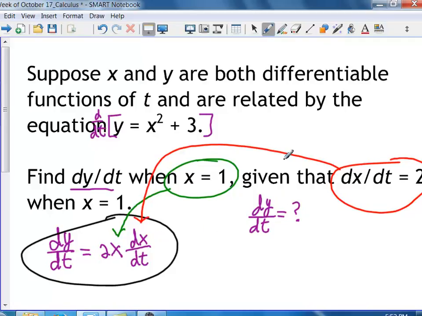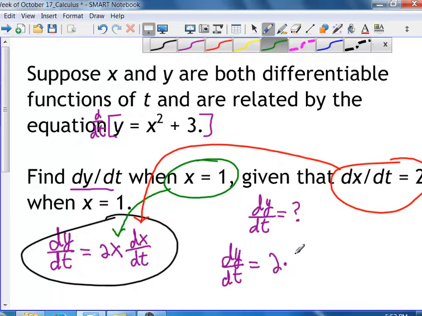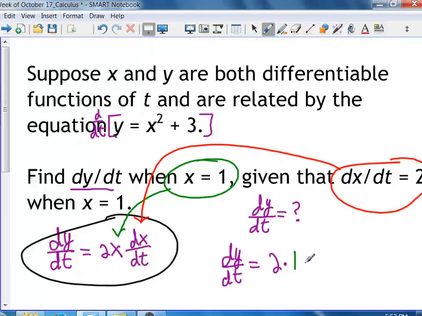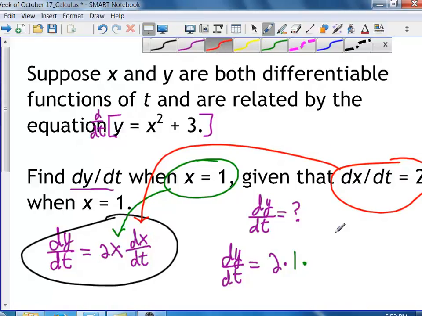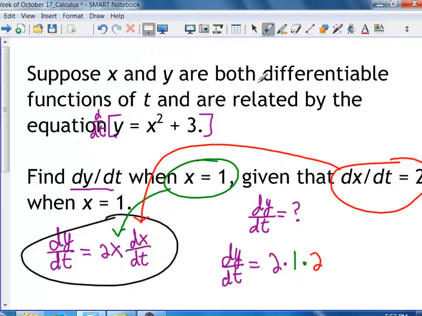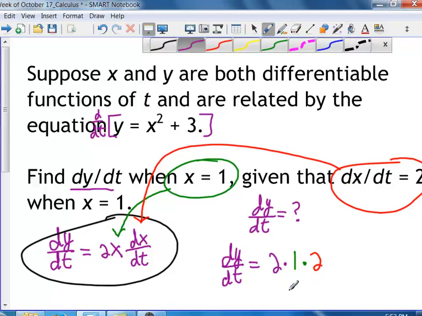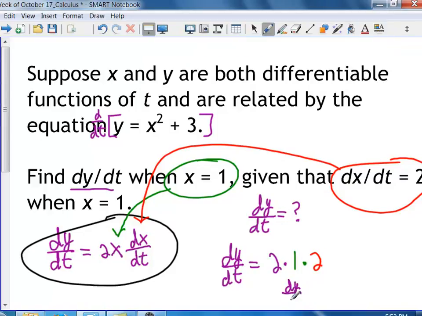And we just want to know what dy/dt is, so if we simply plug in, it's 2 times x times dx/dt. So dy/dt is simply 4. Well, I don't guess, I know that. But just trying to empathize with you guys, help you out.